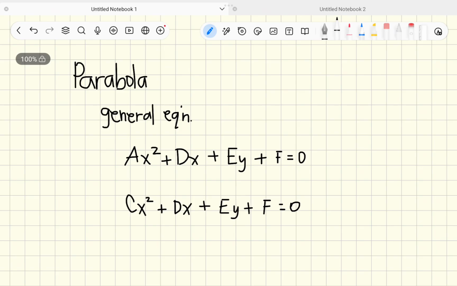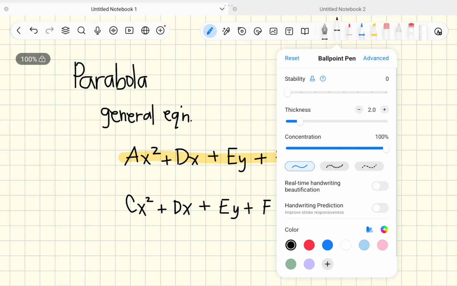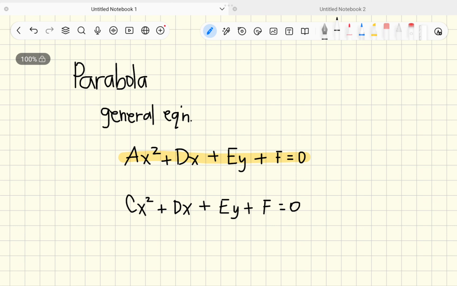Now, what's the difference between the two?